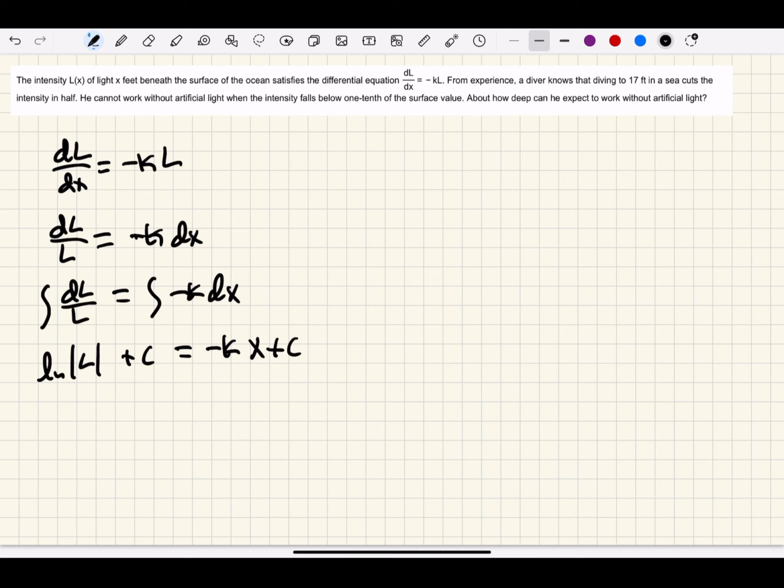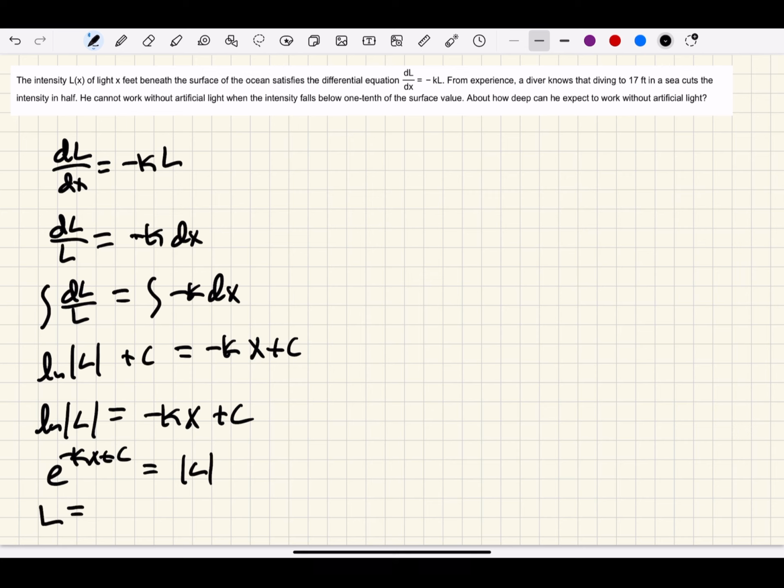Since both of these are arbitrary constants, we could combine both constants onto one side, and we would wind up with the natural log of the absolute value of L equal to minus kx plus c. If we convert this into its exponential form, we would have e raised to the minus kx plus c equal to the absolute value of L. Since L is an intensity of light, it'll be positive, so we don't need the absolute values.